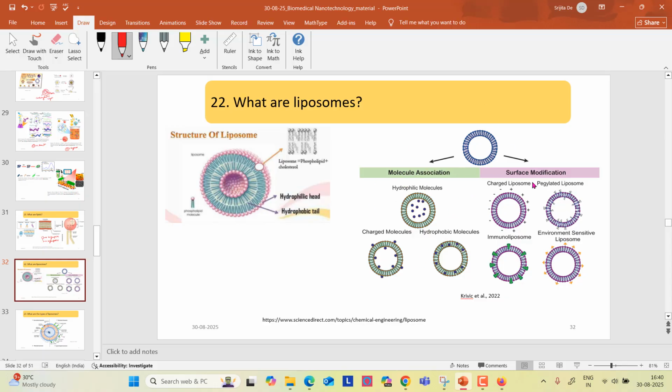Suppose there is a liposome and molecular association is happening. So hydrophilic molecules, charged molecules, will be in the aqueous phase, obviously, which is in the middle, because in this middle portion water is there, or you can say some kind of aqueous phase is there.